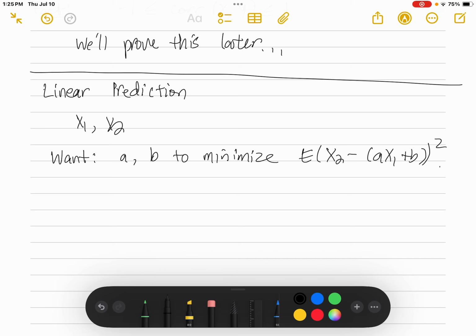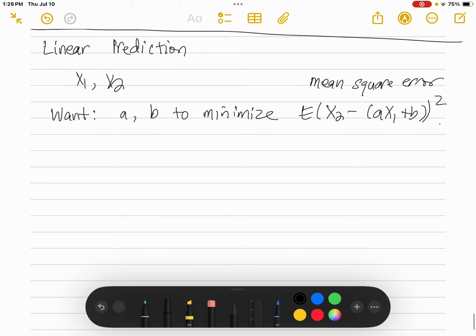This is called the mean squared error. So what a and b will minimize this quantity? That's the question we ask. Let's see what this thing is.